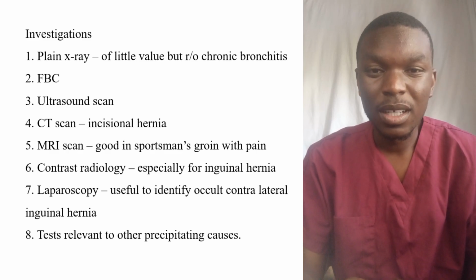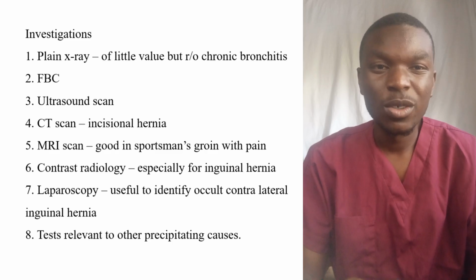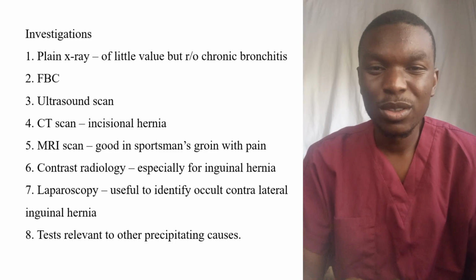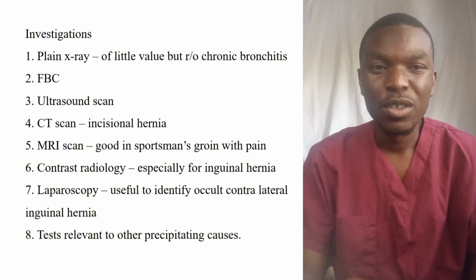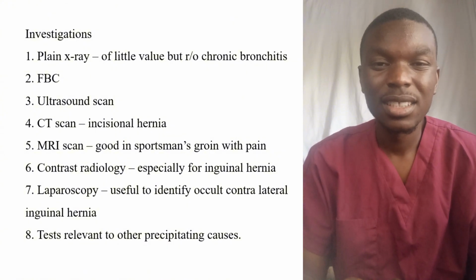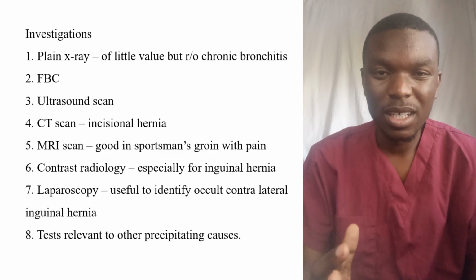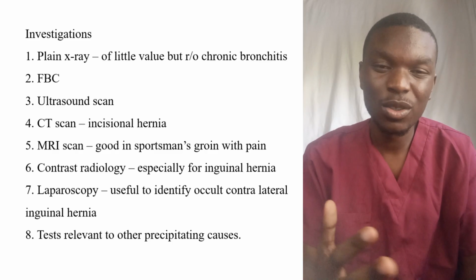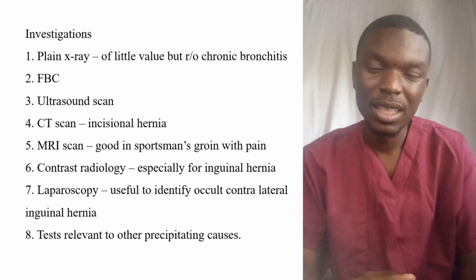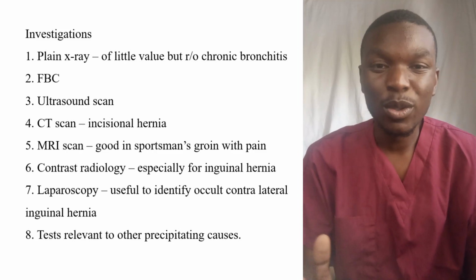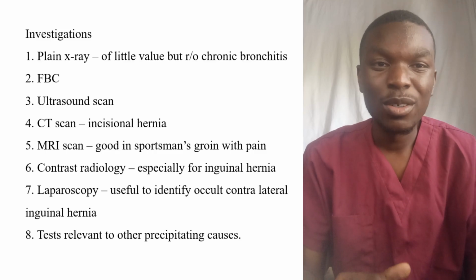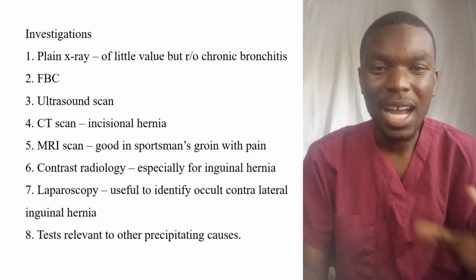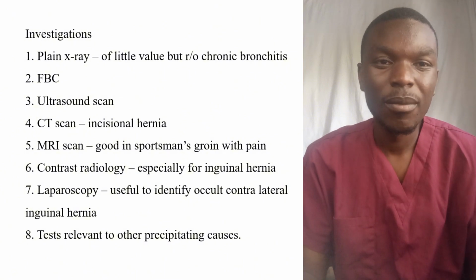Then you do some imaging. Under imaging, you want to do a plain X-ray. If your patient tells you they are coughing, you'd want to do a chest X-ray to see if they have some pulmonary problem or condition that is causing them to cough and increasing the abdominal pressure. Then you want to do an ultrasound of the abdomen, the pelvis, and the bulge.